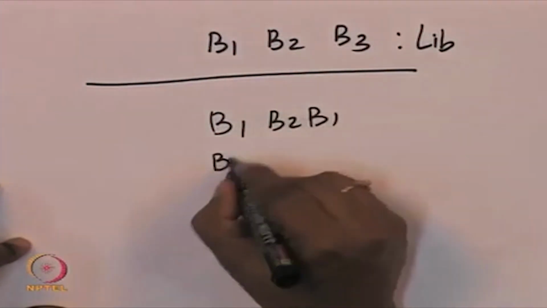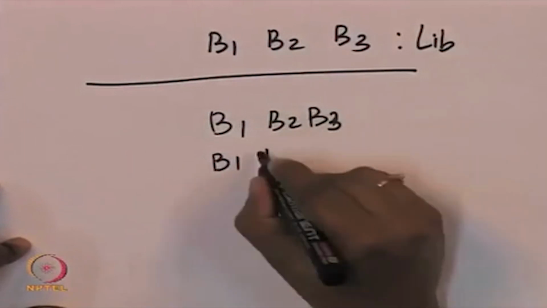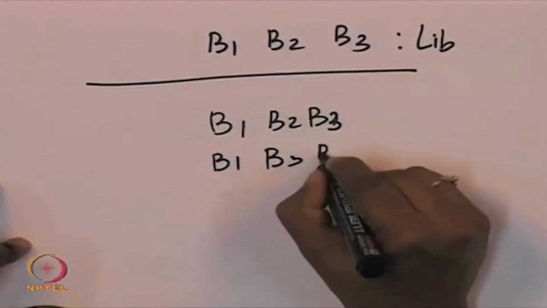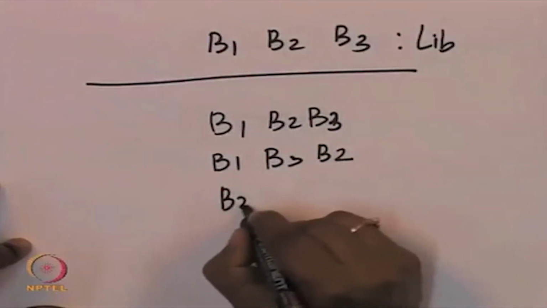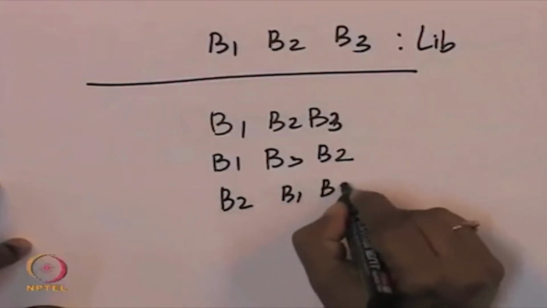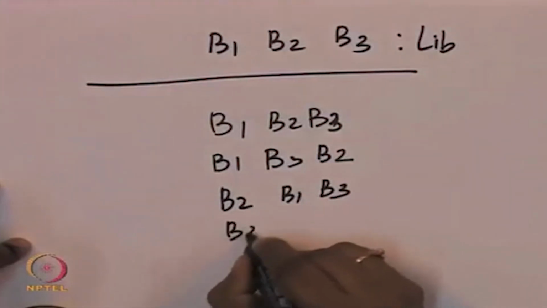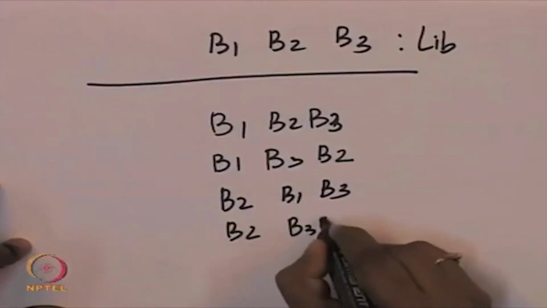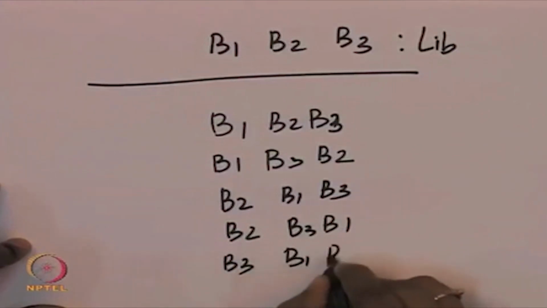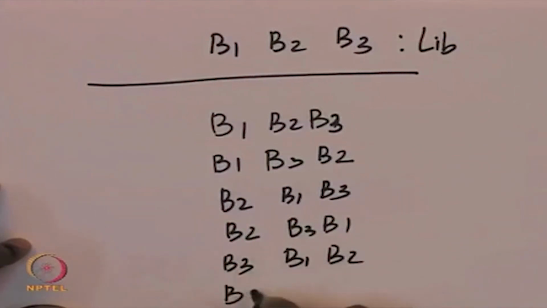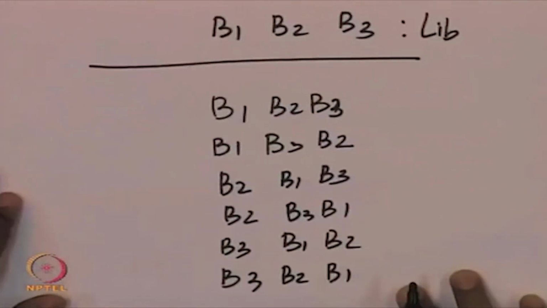Next day we might be arranging B1, then B3 and then B2. Another day it could be B2, B1, B3, or B2, B3, B1, or B3, B1, B2, or B3, B2, B1.